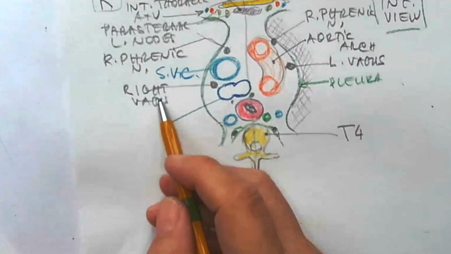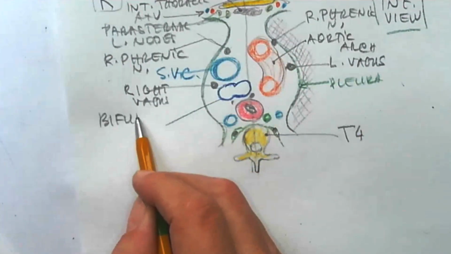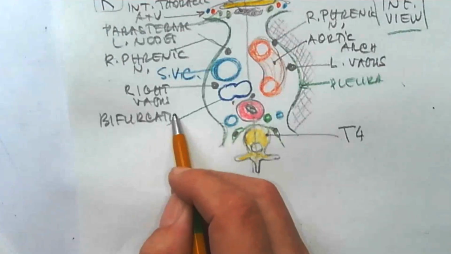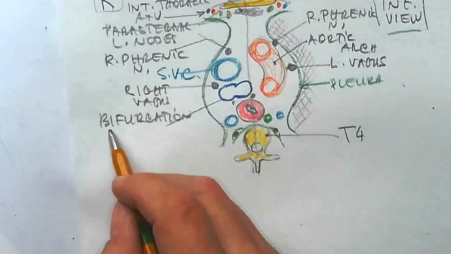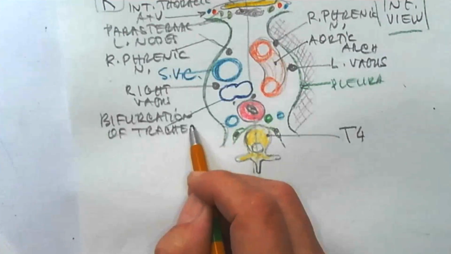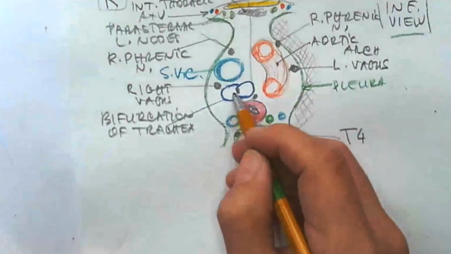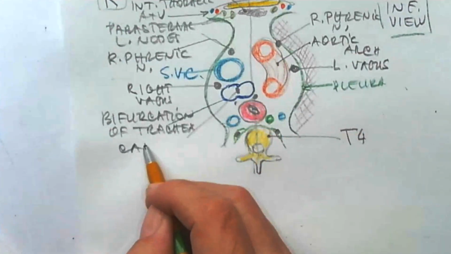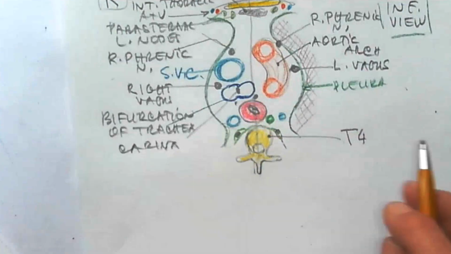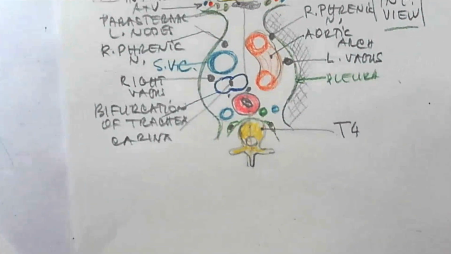Then the bifurcation of the trachea into two main bronchi in the centralized carina. This one would be the carina. The carina is also important for description of the air passages, especially in urgent situations.